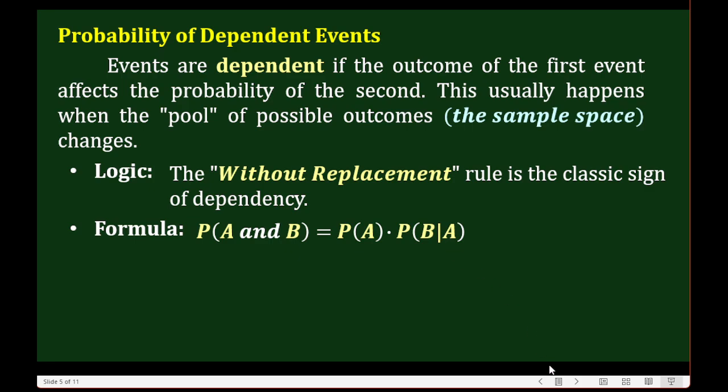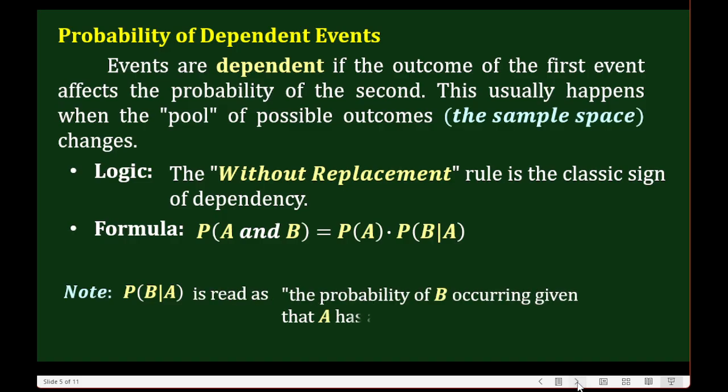So when it comes to this part, you are going to properly read this as the probability of B occurring given that event A has already happened.